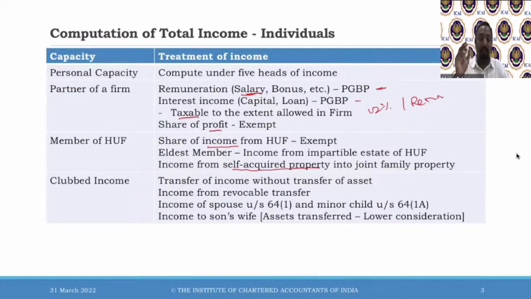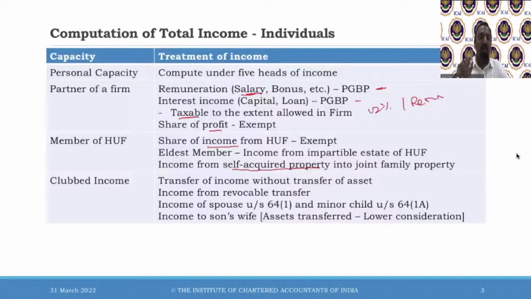And whatever remuneration and interest is provided is not completely taxable. It is only taxable to the extent that it is allowed as a deduction in the firm's hands. As I told you, it is 12% on interest, and remuneration is calculated in the manner provided in the Act. So only this is allowed.